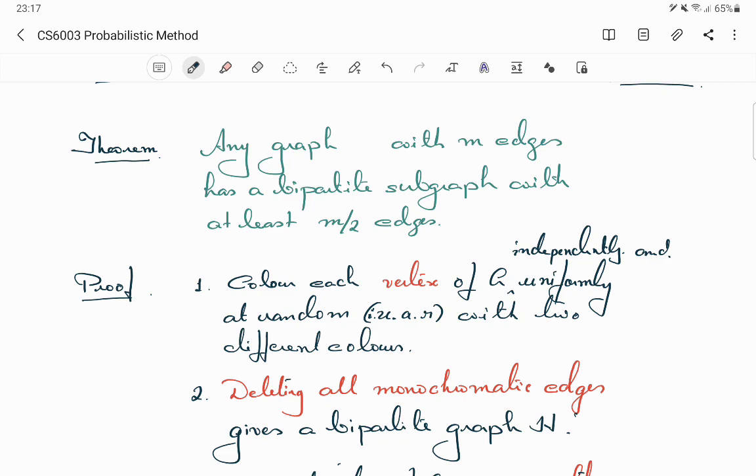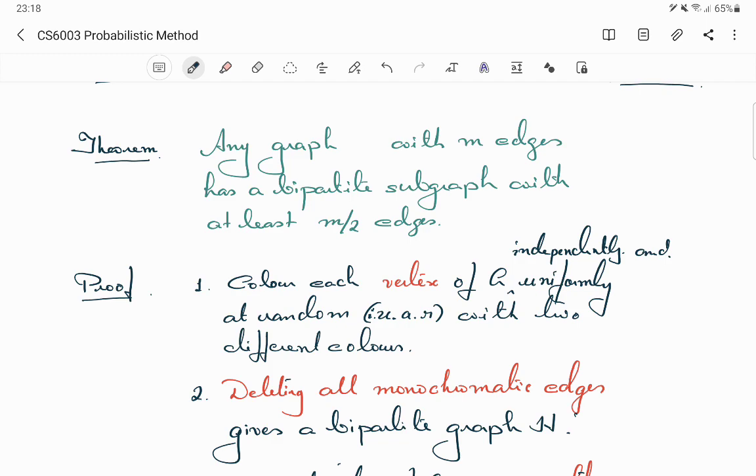In that case, you will end up with a bipartite graph which is essentially the empty graph with 0 edges. So the worst case is really frightening, but our theorem only says there is one bipartite subgraph which is very large in terms of number of edges. So maybe the worst cases are there, but the good case may still be to our advantage. But how do we really show that?